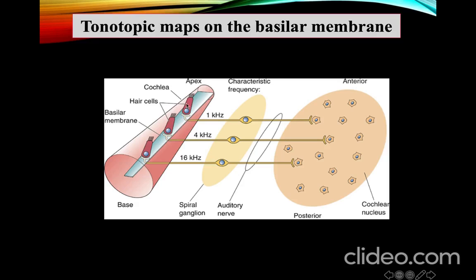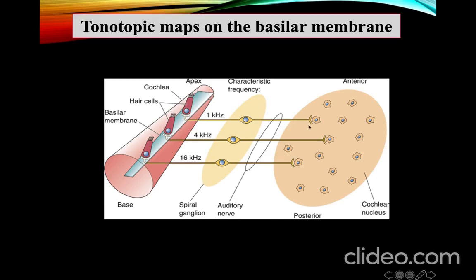The nerve fiber which is leaving the hair cell near the apex is different, while the nerve fiber which is leaving the hair cell from the middle part and the nerve fiber leaving the hair cell from the basal part or the base are different. So there is a special organization.